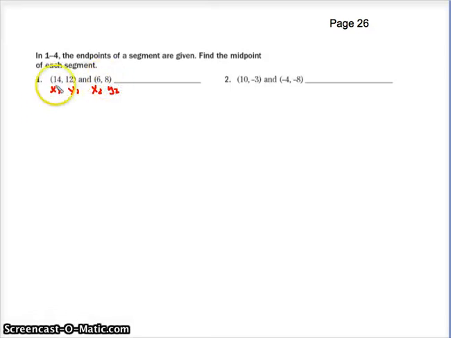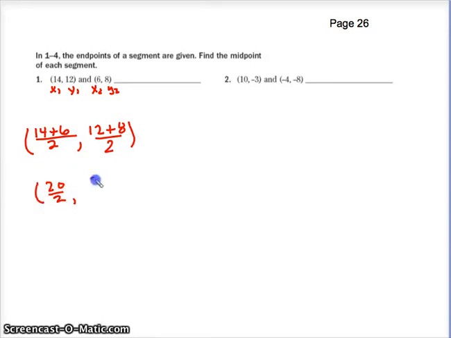If I add my x's together, that's 14 plus 6 over 2, and I add my y's together, that's 12 plus 8 over 2. When I simplify, I get 20 over 2 and 20 over 2. So the result is a midpoint of 10, 10.